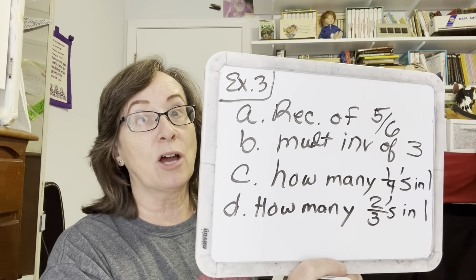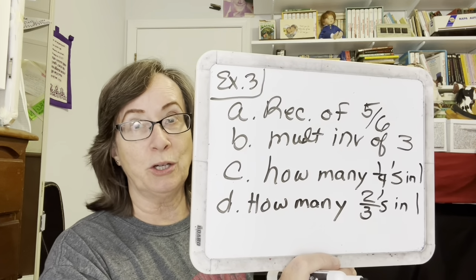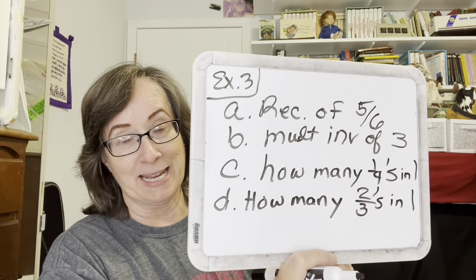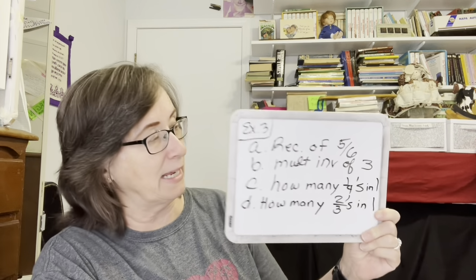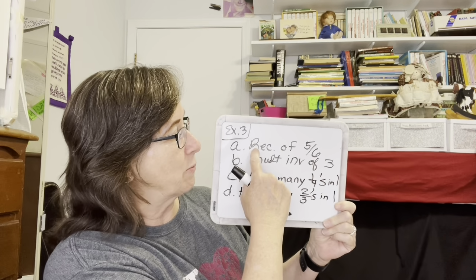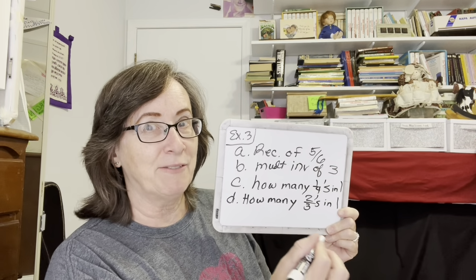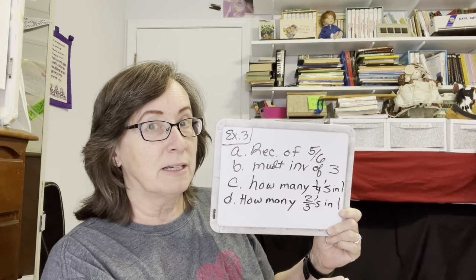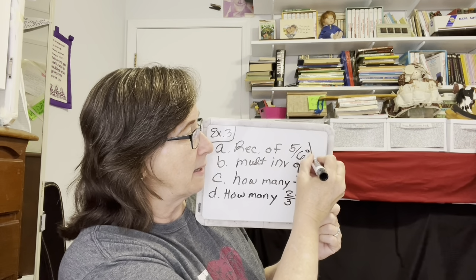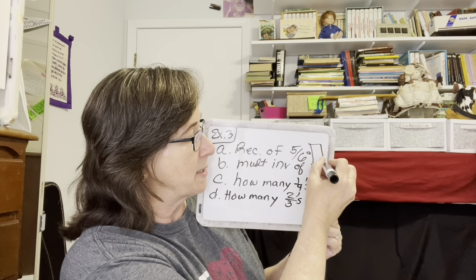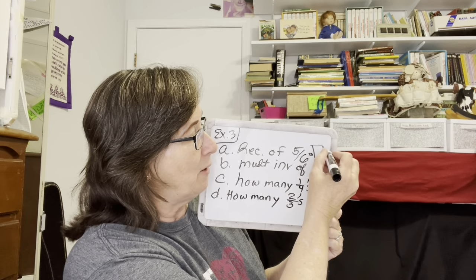Okay, and so we're going to use reciprocals in a little bit to help us divide fractions, but reciprocals are very handy. So here it says, what is the reciprocal of 5/6? Well, we know that a number times its reciprocal must be 1.